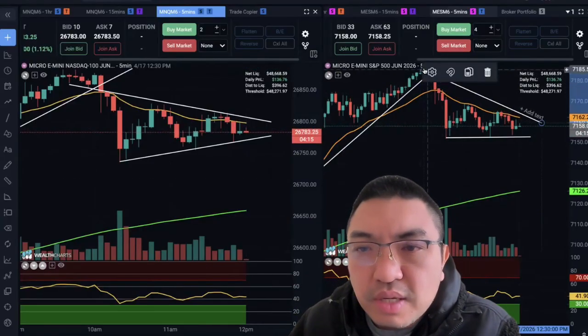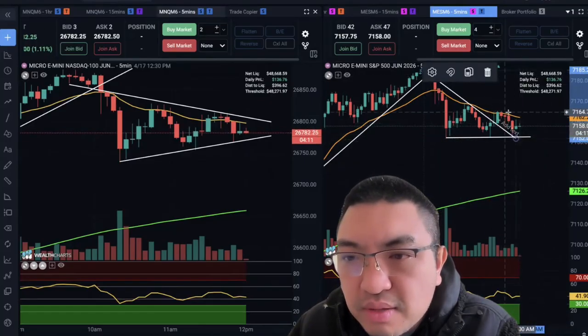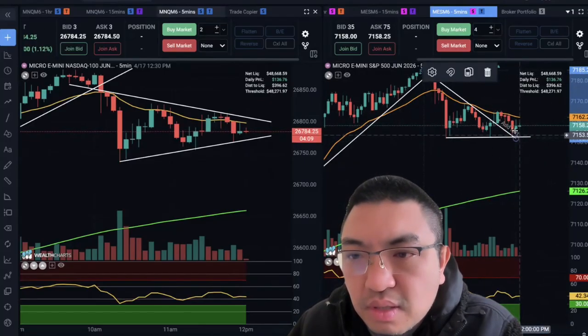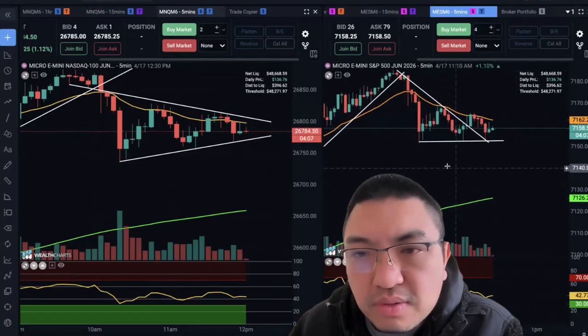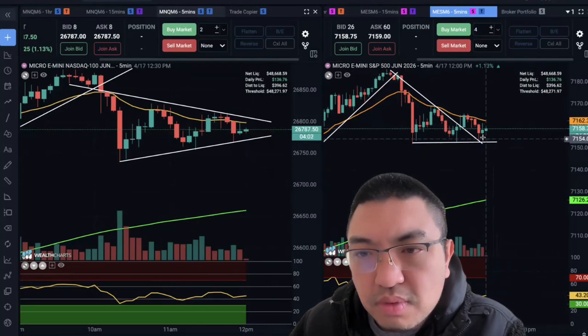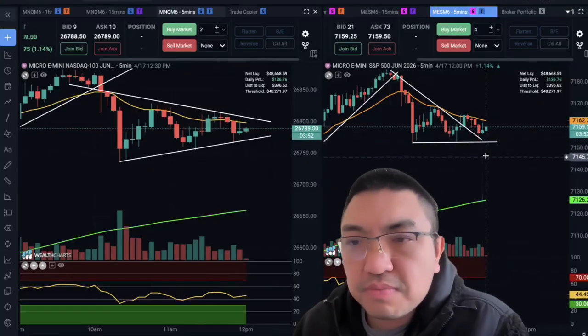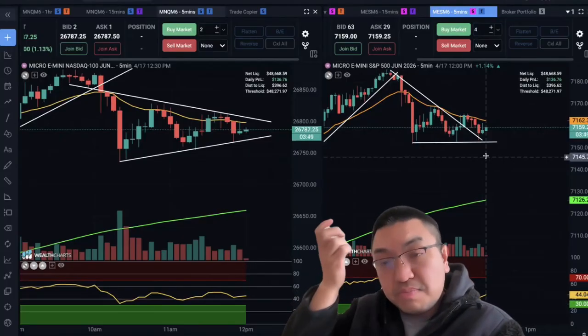If you check this trend line, for the first time, it looks like a breakout and retest to the upper bound. Yeah, something like this. Retest to the upper bound and then start to go up.